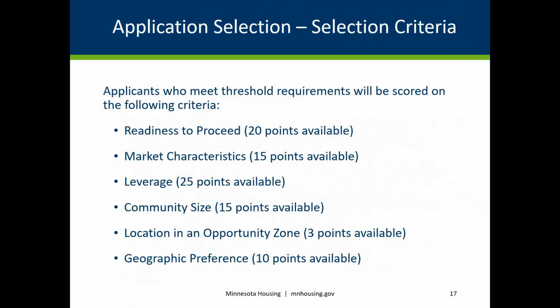And then the third component of readiness to proceed is secured financing. So we're basically looking to see that you have as much of the funding committed to the project as possible. So 100% of the funding committed if possible, and all of that needs to be backed up by commitments.